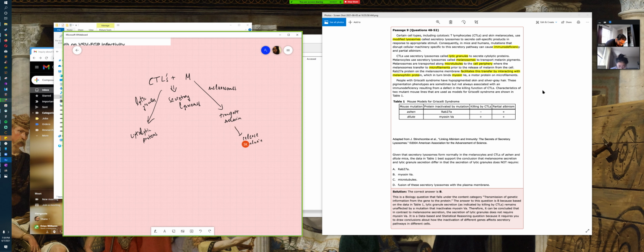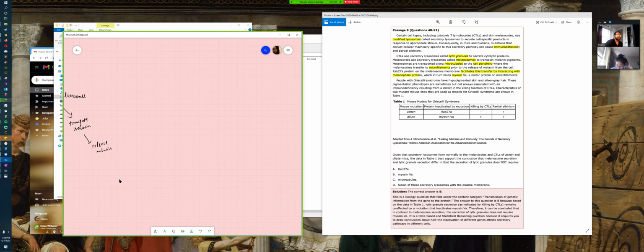Now, Rab27A protein on the melanosome membrane facilitates this transfer by interacting with something which binds. So let me write it down next to it. So basically, what's happening here is that.